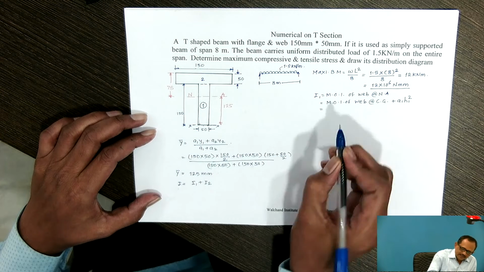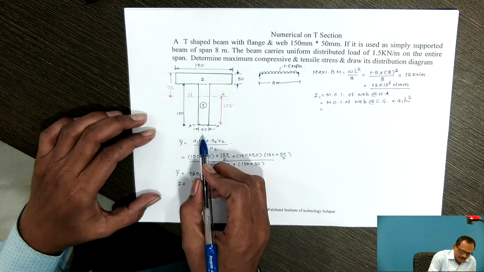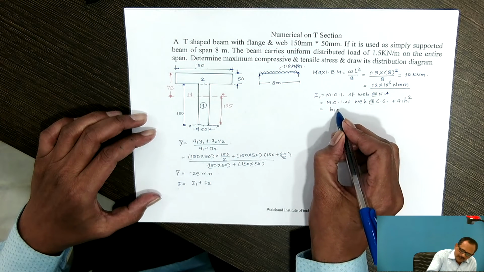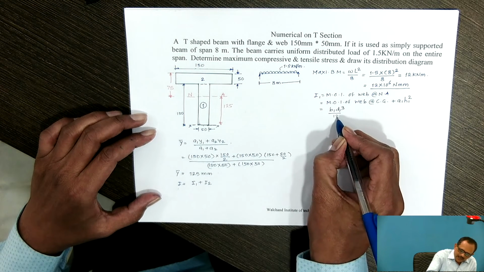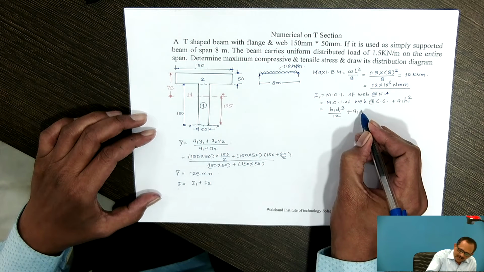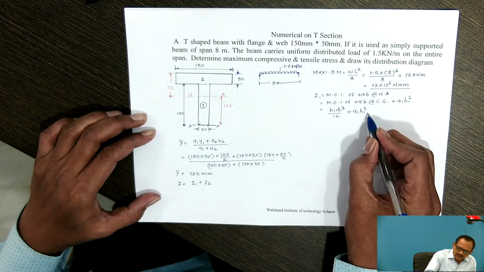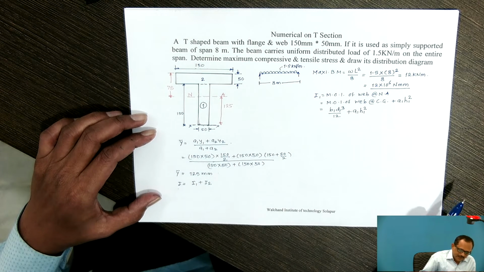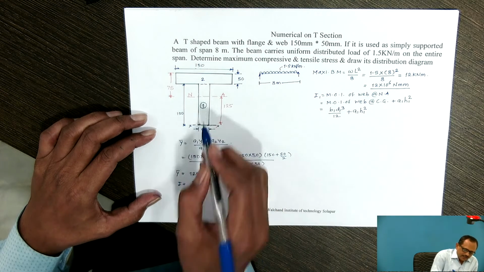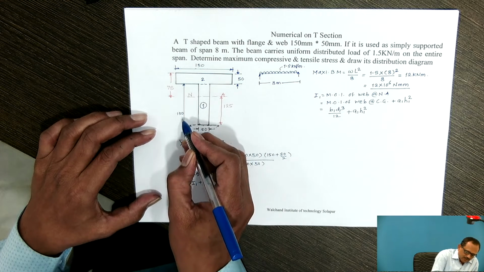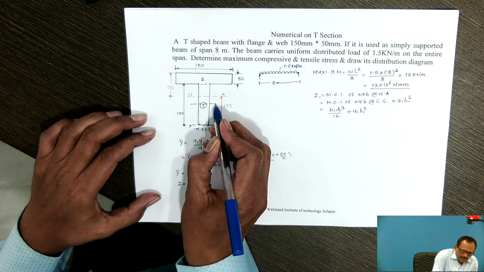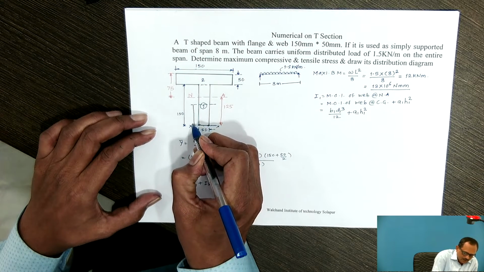So moment of inertia of this particular web about its own CG will be B1 D1 cube divided by 12 plus its area into H1 square. Now what is H1? H1 is the distance between the CG of web and the neutral axis. As the depth of the web is 150 mm, the CG of the web will lie at 75 mm from the bottom edge.